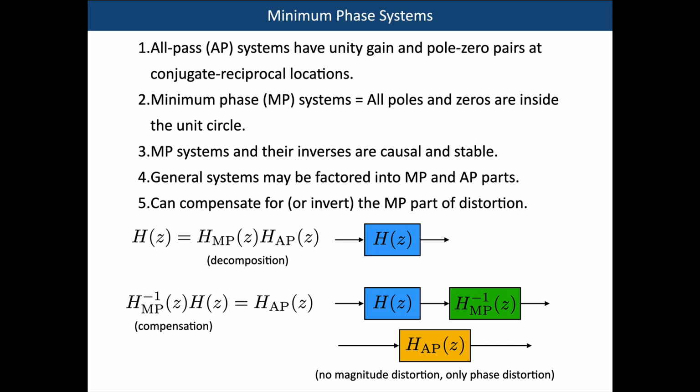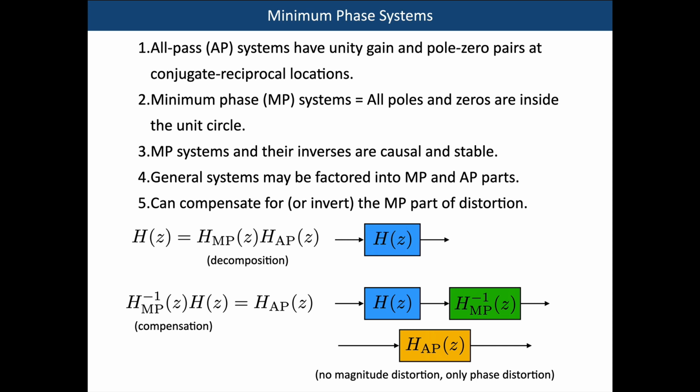Why is this important? Because if you take the inverse of a minimum phase system, remember when we invert, poles and zeros trade places. So zeros in a system become the poles of its inverse and vice versa. So minimum phase systems have a causal stable realization, and their inverse is also causal and stable.